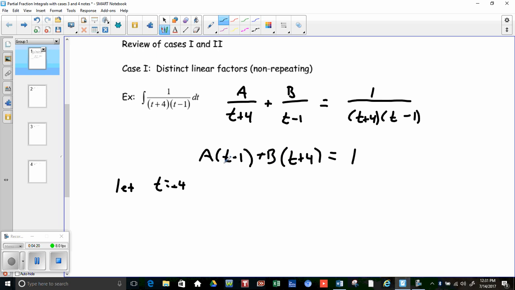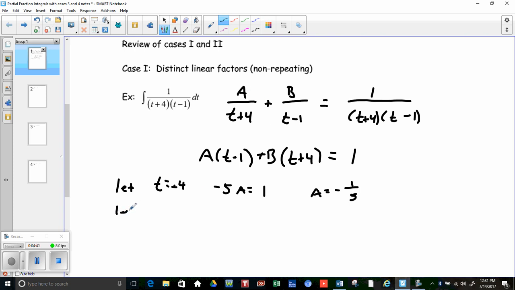Plugging negative 4 in here is going to give us negative 5A equals 1. Solving for A, dividing both sides by negative 5, we get A as negative 1/5. That's going to be the value that goes up here.